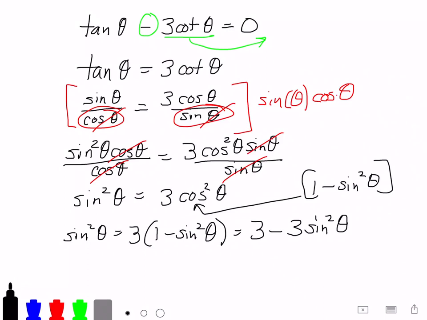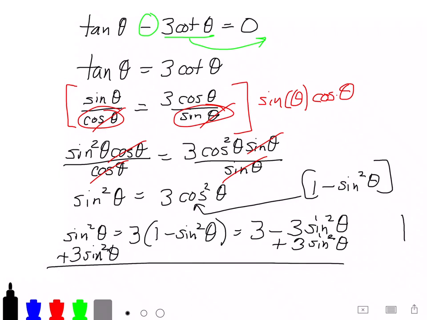So bringing everything over to one side, I'm going to add 3 sine squared of theta, and I'm going to write down 4 times the sine squared of theta is equal to 3.